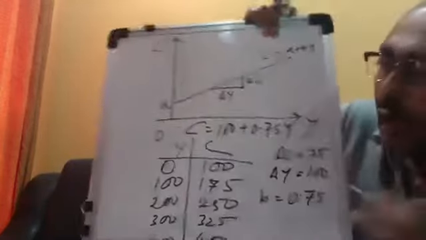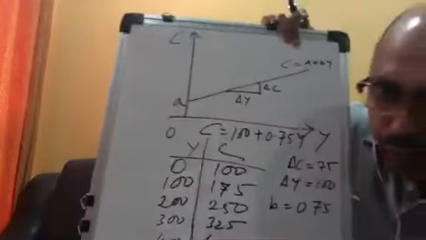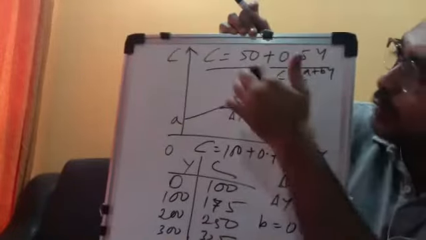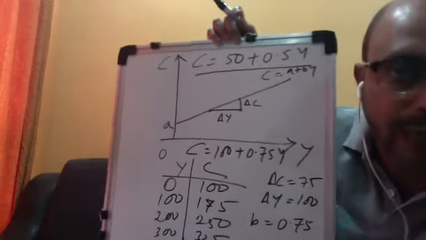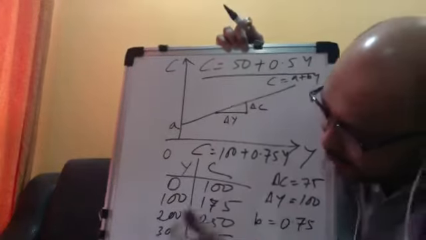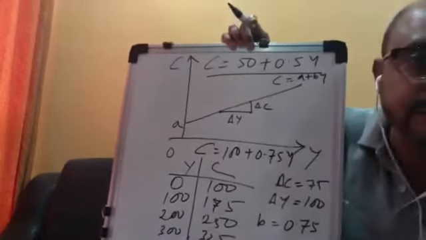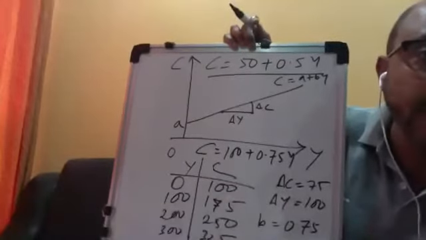What will you do? I am writing a consumption function for you. Consumption function is C equals 50 plus 0.5y. You make a schedule with 5 entries. Is it okay, all of you?